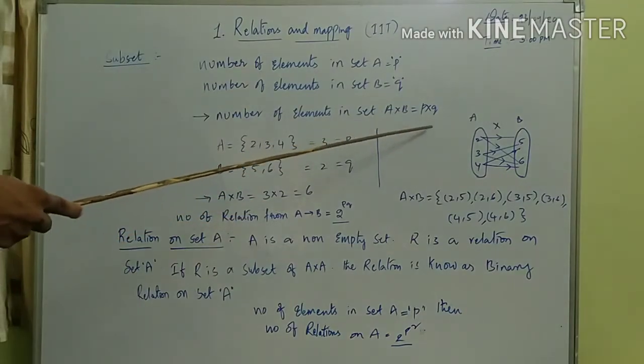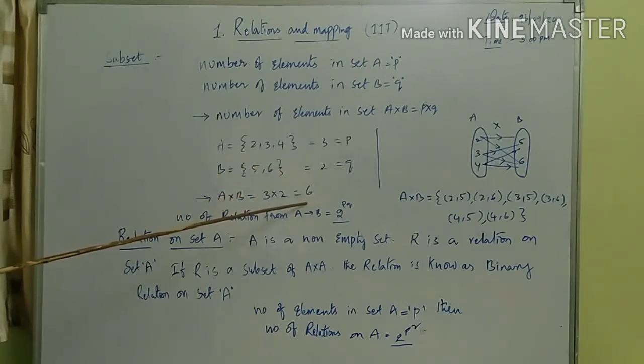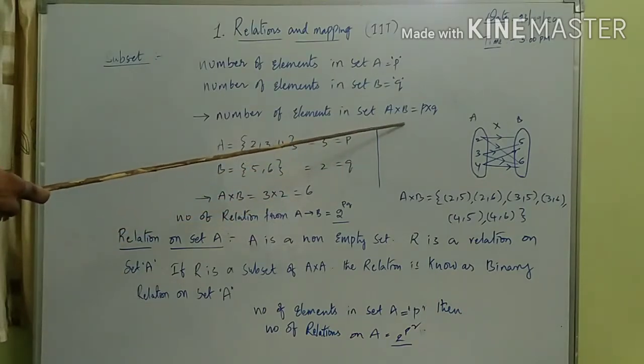Our formula is P into Q, 3 into 2 equals 6. We can find this directly by applying this formula.